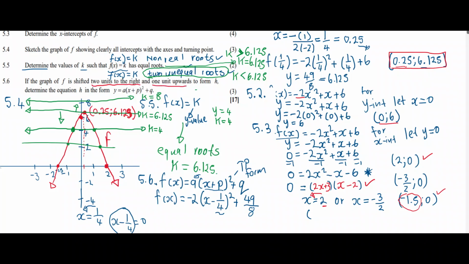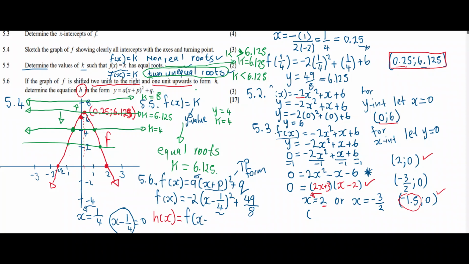Shift the function 2 units to the right and 1 unit up. That's your new function h of x. So this is f of x written in turning point form, and h of x is going to be some function of our f of x.